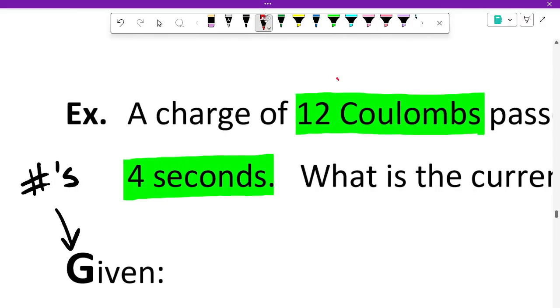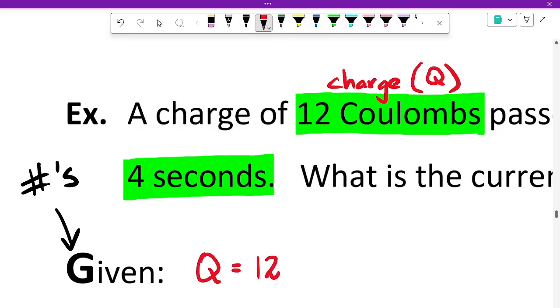Coulombs measures charge. What is the symbol for charge? Q. So for our given, we're going to write Q equals 12 coulombs.